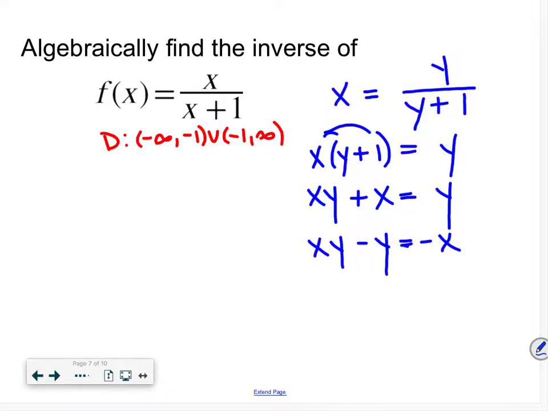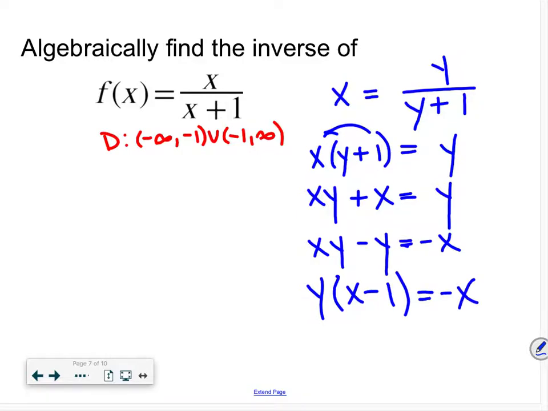Look at that left side. What's in common with those 2 terms? A y. And what can we do if we have 2 terms that have something in common? We can't combine them because this one doesn't have an x. But instead, we can factor out a y.